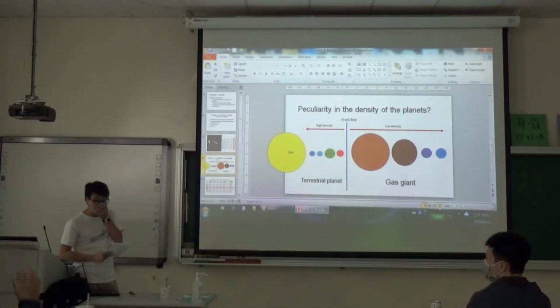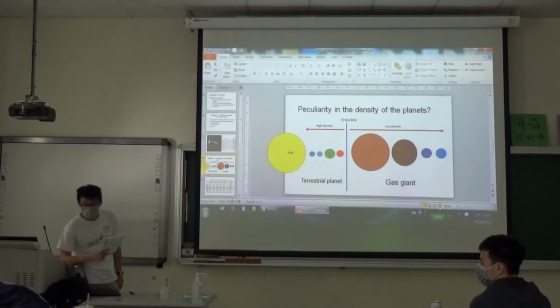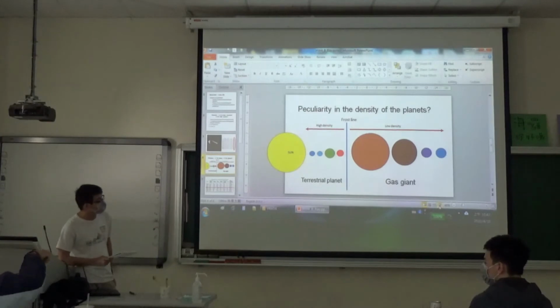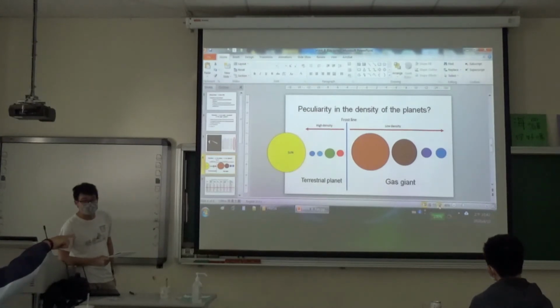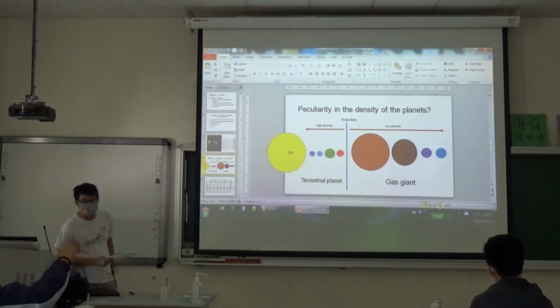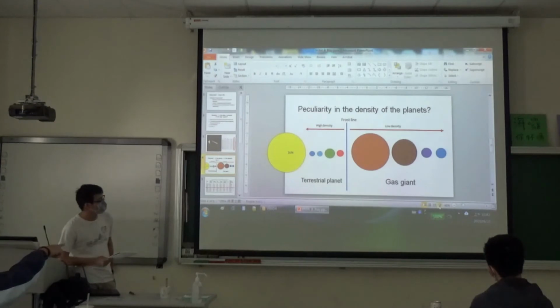In fact, I don't know the answer, but what I want to ask is, I didn't remember the name. For example, the blue one, on the most right hand side, the gas giant, is smaller than the orange one, the medium, Saturn.